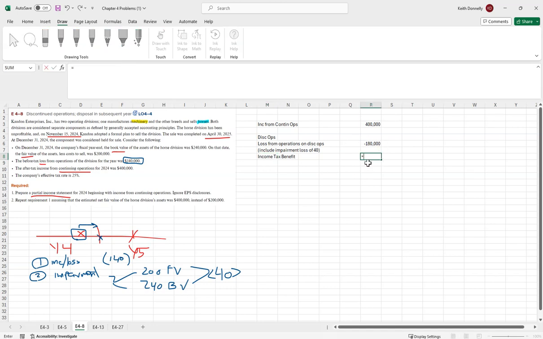So what we would do is the 180,000 times, they're telling us we've got an effective tax rate of 25%, so we're going to get a future benefit of 45 grand. Whenever we net those things, we'll have loss on discontinued ops.